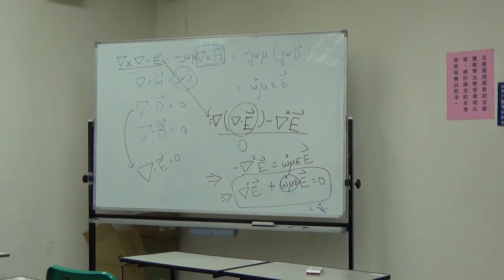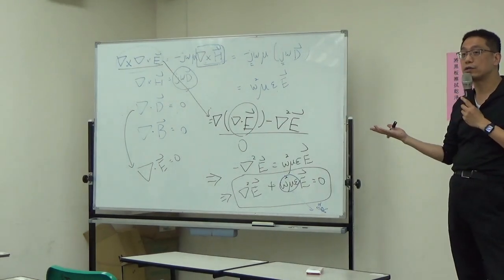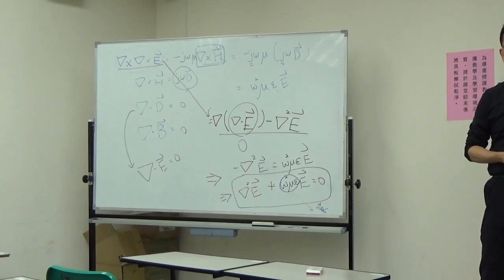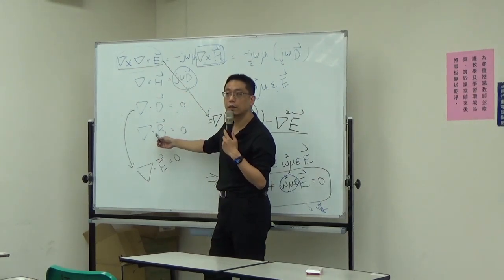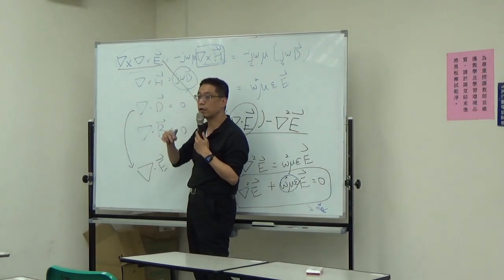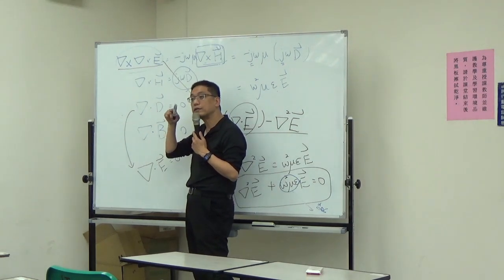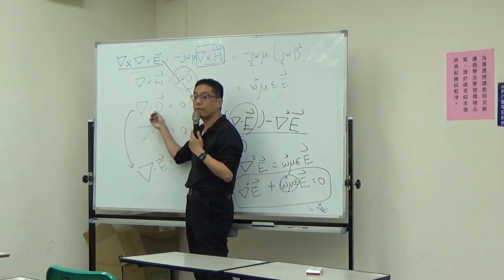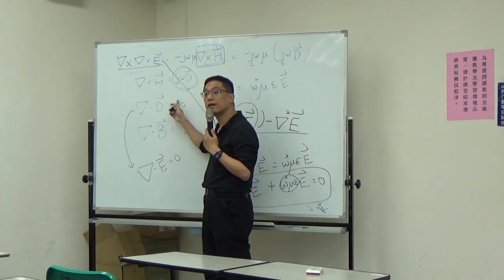Back to my first question: why is the wave equation useful? Look back to Maxwell's equations, these two Gauss equations at the beginning. We take the divergence of something related to the E field; D is epsilon times E. The divergence becomes a scalar, not a vector.